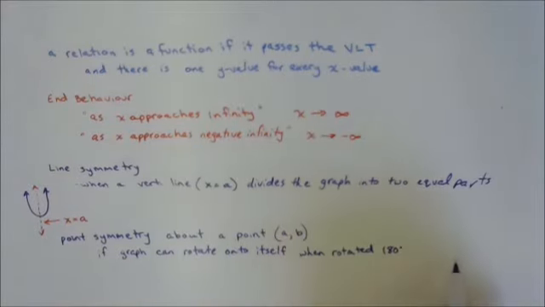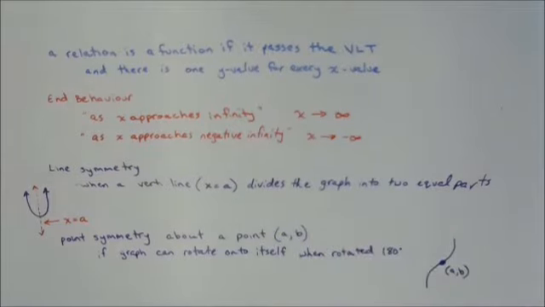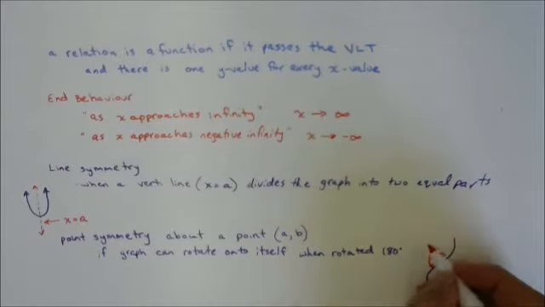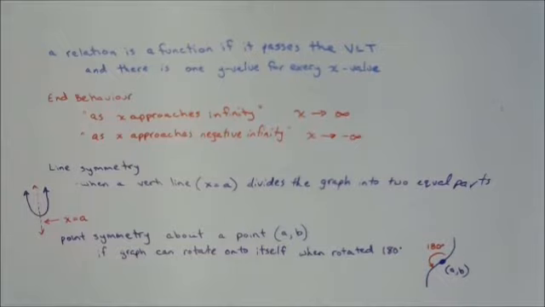So that's going to be something like a cubic if it goes about point AB. Basically what we're saying is if we took this thing and we spun it around 180 degrees, it would land back on itself.